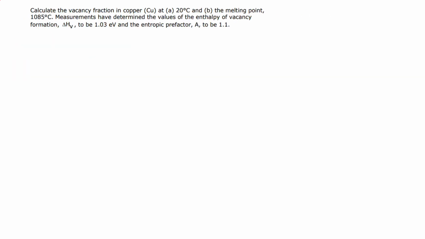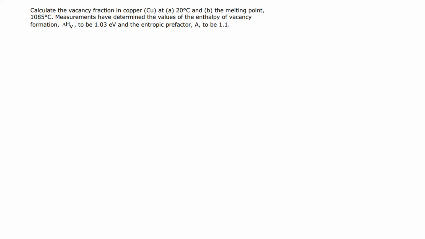So see this question. Calculate the vacancy fraction in copper at 20 degrees Celsius. That is the first question, and the second question is at the melting point. That temperature is given. Measurements have determined the value of the enthalpy of vacancy formation, which is given. This notation is different here.